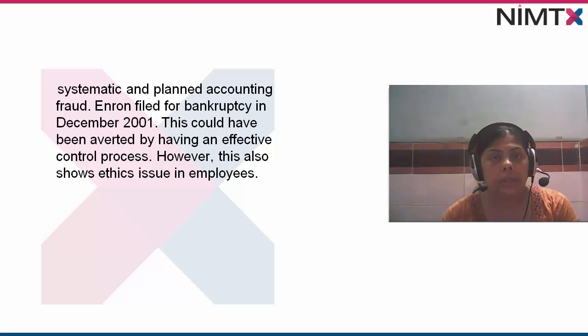Otherwise it shows their ethics, that they are not loyal towards the company they're working with. So along with the control process, the ethics issues also come out in the open with the Enron bankruptcy and fraud, because the employees were not loyal towards the company; they were fraudsters. So this is about the control process.